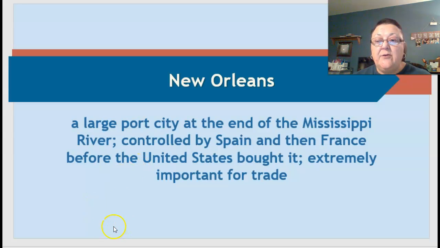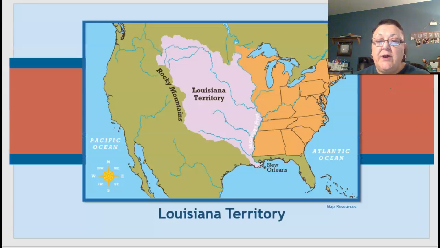And this area there, New Orleans, was a very good port for the United States and actually anyone who was sending produce or product, importing things into the United States. And it was also helpful for exporting. Whatever the farmers had grown or the builders had built, they could also export over to England and other countries. So this is the Mississippi River, and the most important thing here is this trade route.